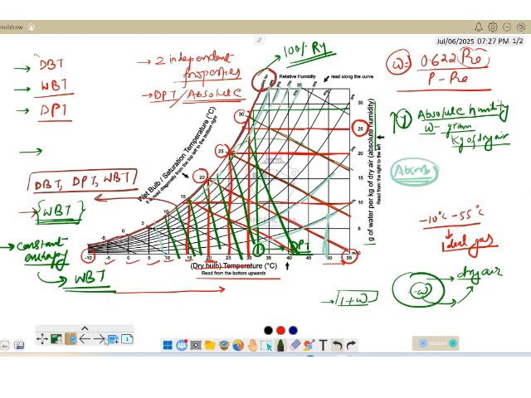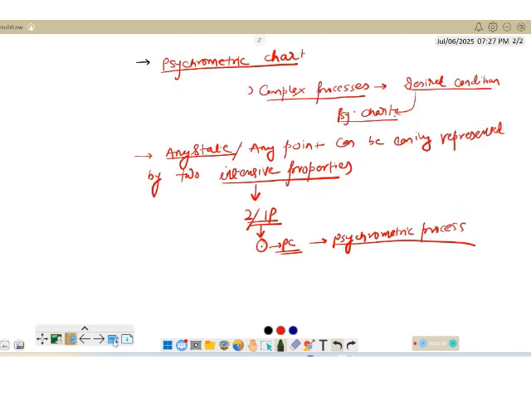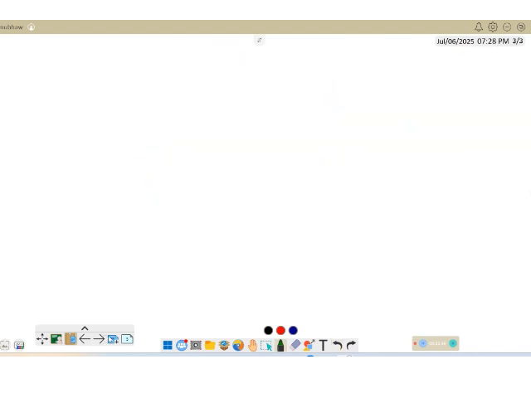So we have discussed in detail all the parameters.